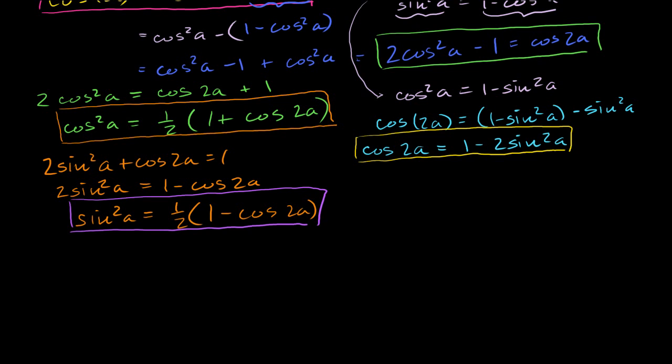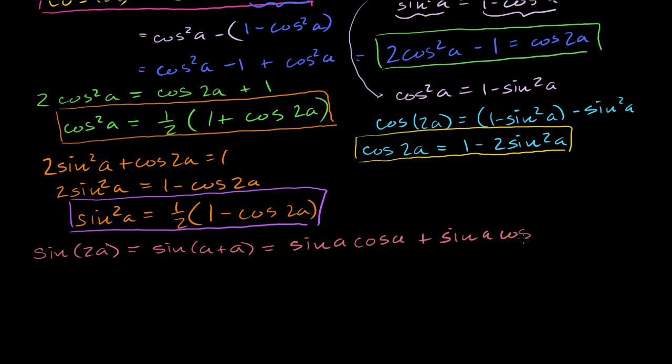So let me pick a new color here that I haven't used. Well, I've pretty much used all my colors. So if I want to figure out the sine of 2a, this is equal to the sine of a plus a, which is equal to the sine of a times the cosine of a, plus, and this cosine of a, that's the second a, I guess you could view it that way, plus the sine of the second a times the cosine of the first a.